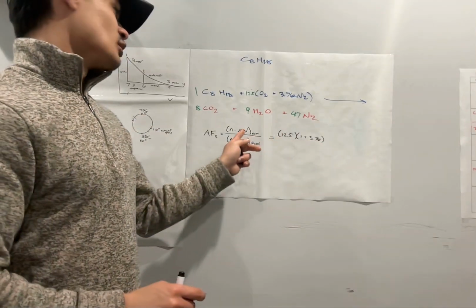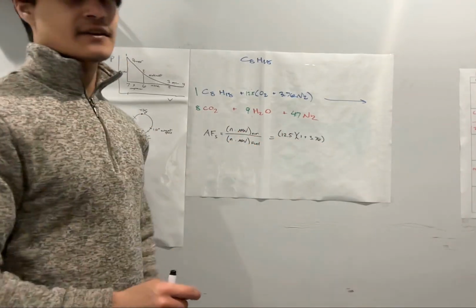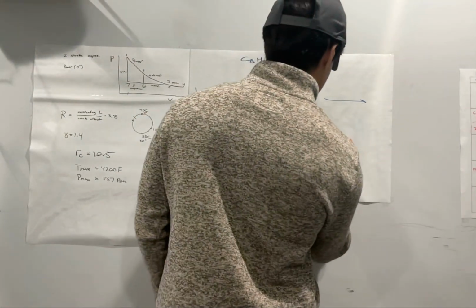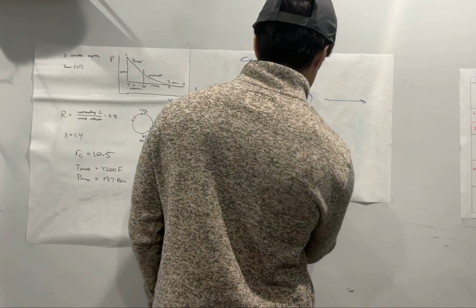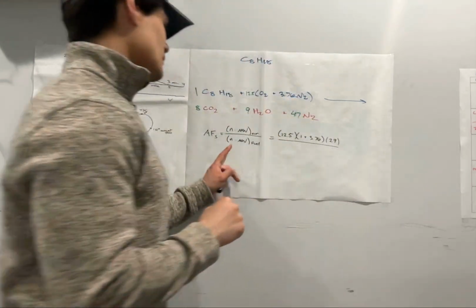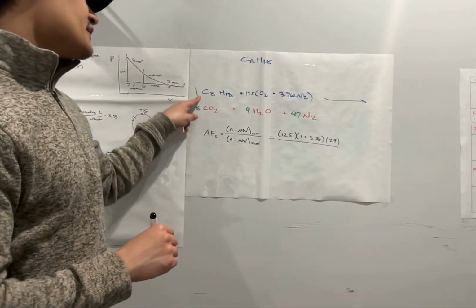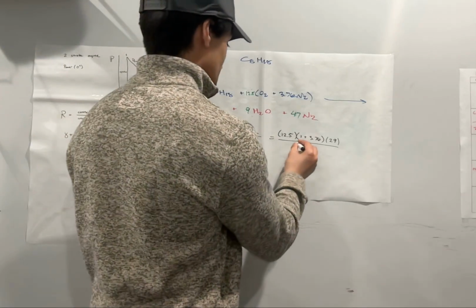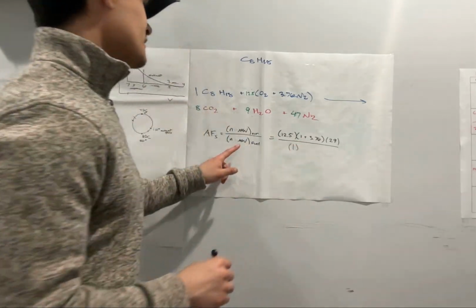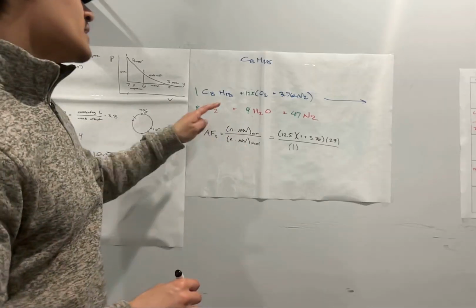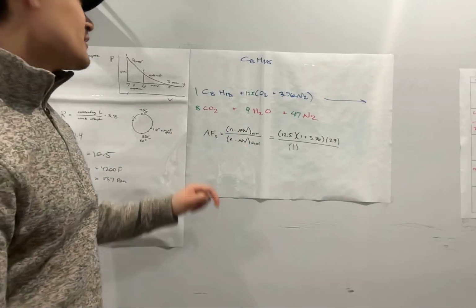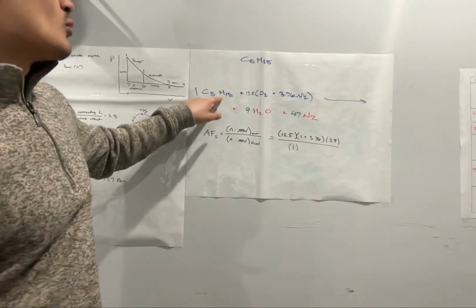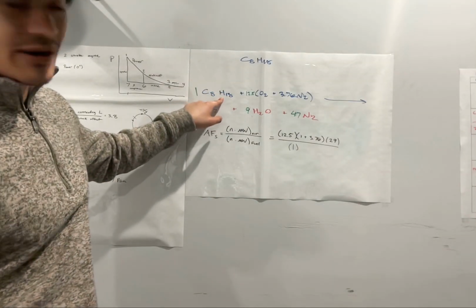And now you need to multiply it by the molecular weight of air, which I said before was roughly 29, times 29. The number of moles of the fuel is this coefficient, which is just 1, times the molecular weight of the fuel, which I said earlier, one carbon is 12 grams per mole. One hydrogen is 1 gram per mole.